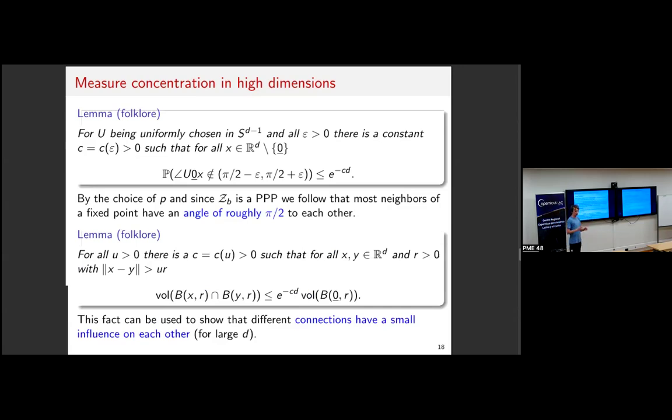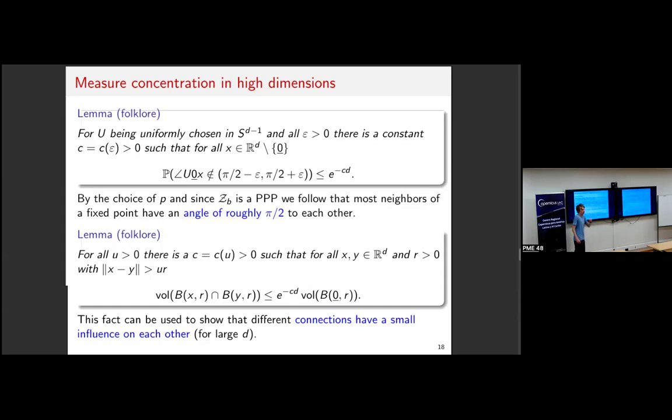If you have two balls in d dimensions and you put them at some distance to one another, and then you look at the volume of the intersection, then the volume of the intersection is exponentially small in the dimension compared to the volume of the whole ball.